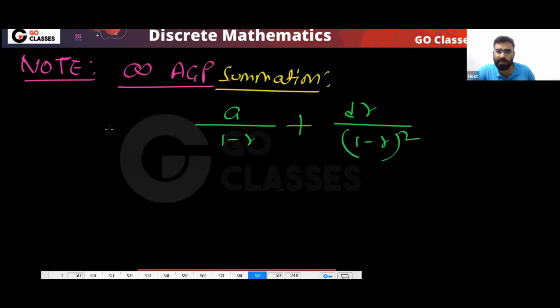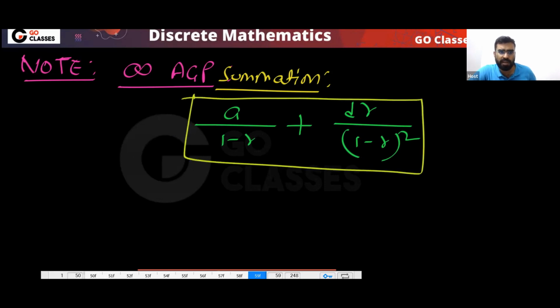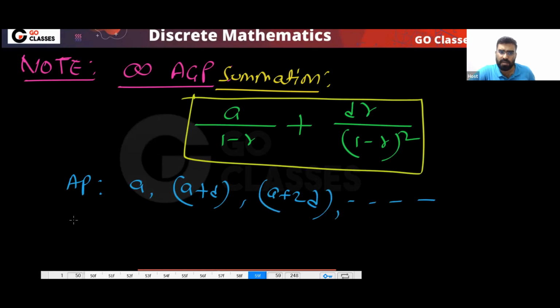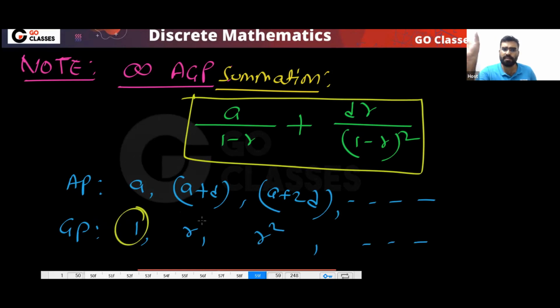To apply this formula, your AP should be A, A plus D, A plus 2D, and your GP should be 1, R, R square and so on. So your GP should start from 1. Nothing else is the restriction.